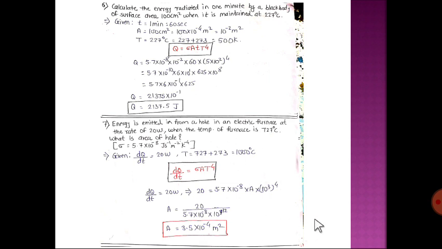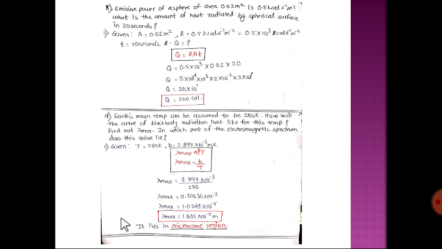So let's quickly move towards the next one. See, the 8th numerical is based on emissive power. The emissive power of a sphere of area 0.02 meter square is 0.5 kilocalorie per second per meter square. What is the amount of heat radiated by the spherical surface in 20 seconds?